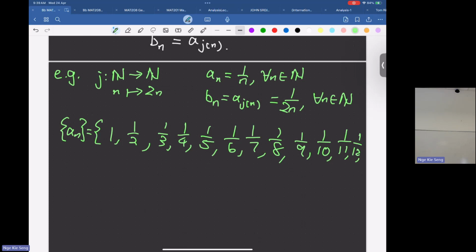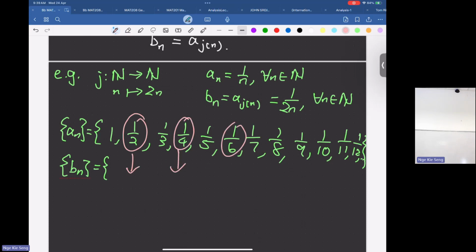So what is b_n here? For example, we're picking 1/2, 1/4, 1/6, 1/8, 1/10, like that. So we are picking a subsequence out of it.